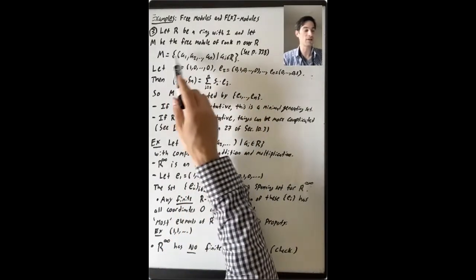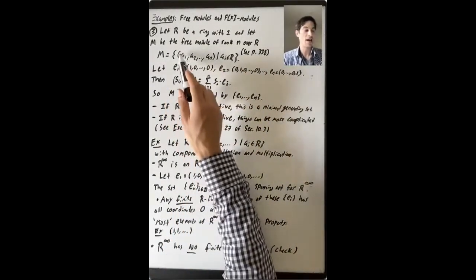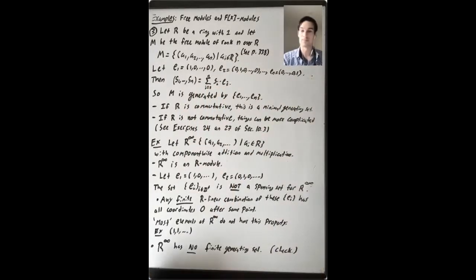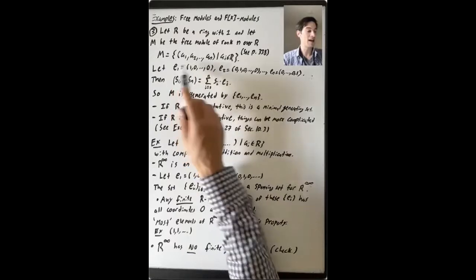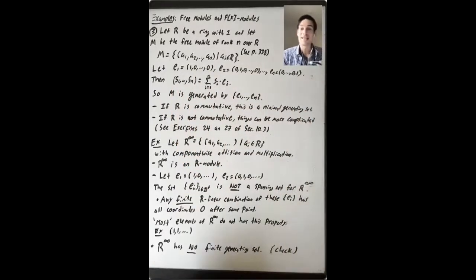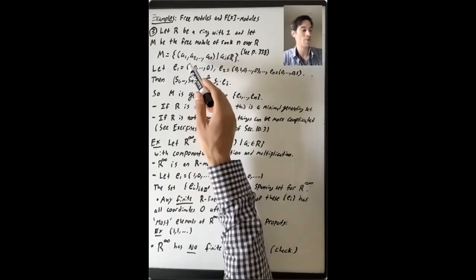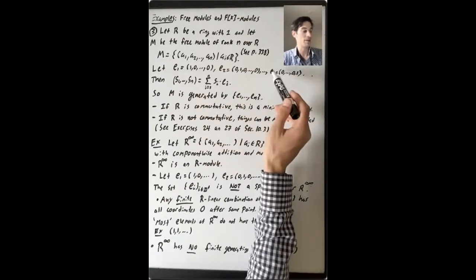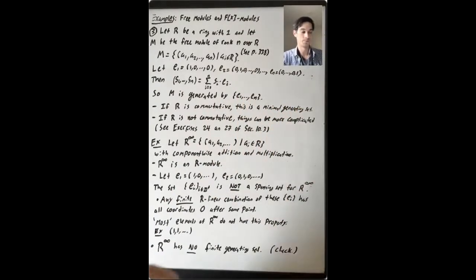OK, so what does this look like? M is the set of all (a1, a2, up through an), where each ai is in the ring R. We can take these elements of M that look like standard basis vectors in R^n or in any vector space. So e1 = (1, 0, 0, ..., 0), e2 = (0, 1, 0, ..., 0), up to en = (0, 0, ..., 0, 1).